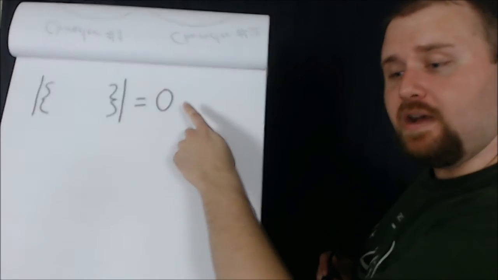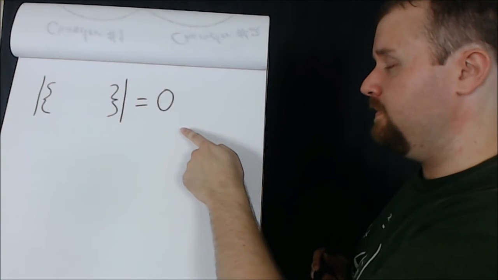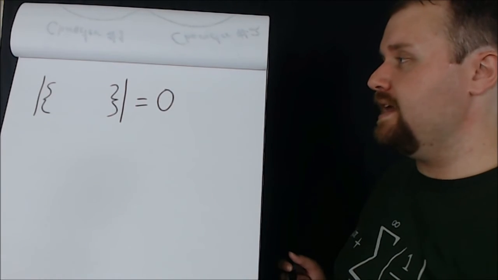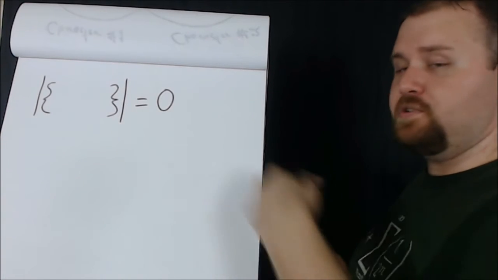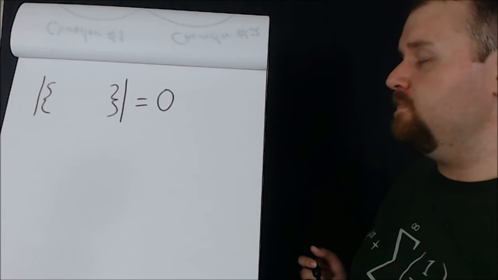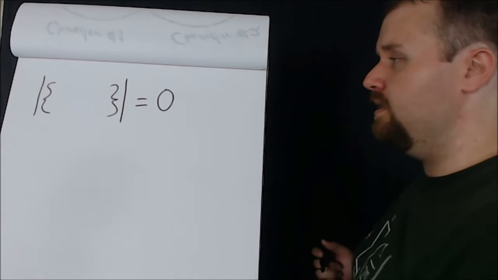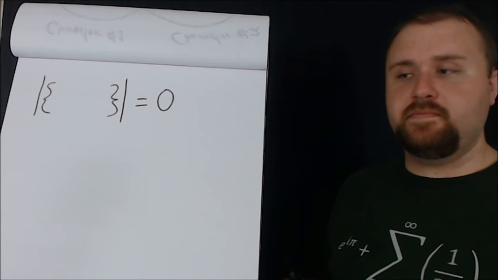So we've established our nothing cardinality, but now we have something. We have this, our first number. So what if we put this number inside another set?